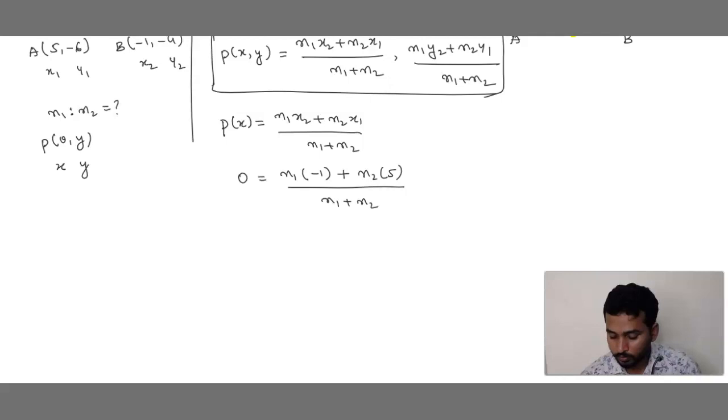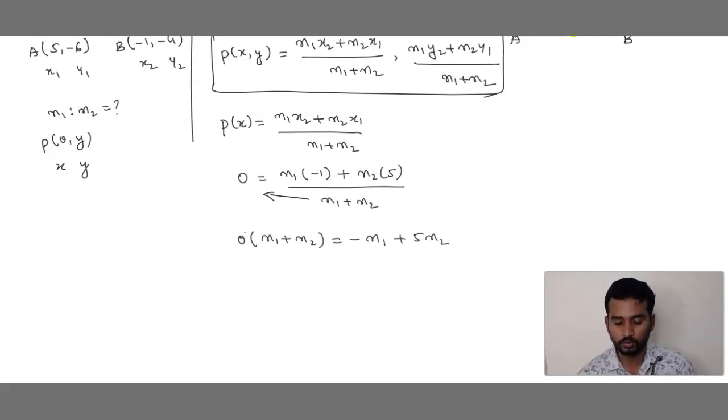Now, shall we cross multiply? m1 plus m2 into 0. If you want, you can write like this: 0 into m1 plus m2 is equal to plus into minus is minus, m1 into 1 is m1, plus into plus is plus, m2 into 5, 5m2. 0 multiplied by anything is 0, is equal to minus m1 plus 5m2. Let me take the m1 term separate, m2 term on the other side.